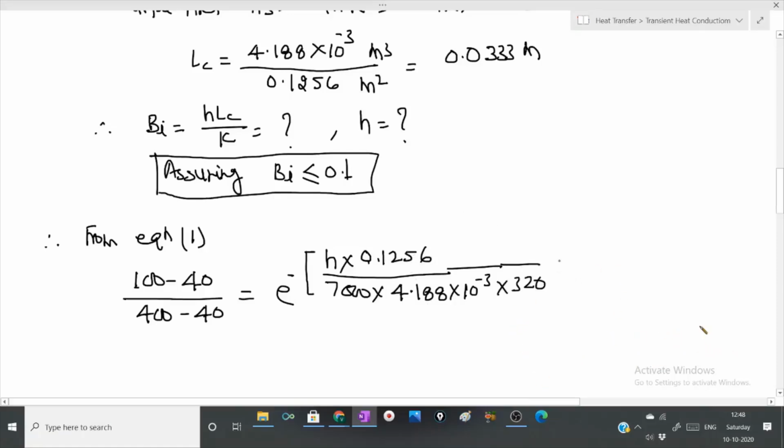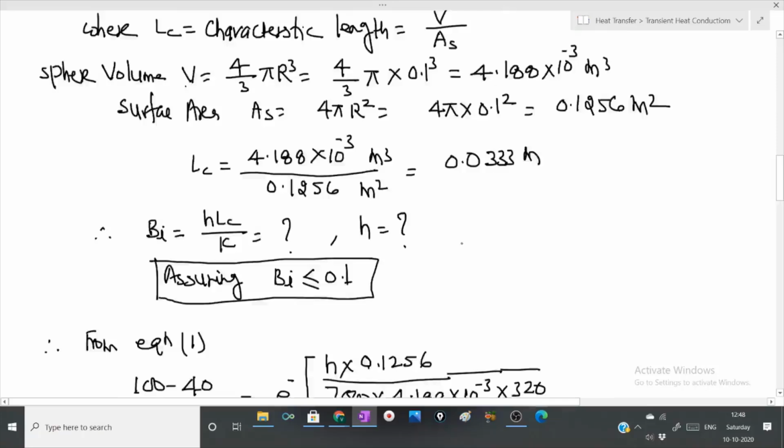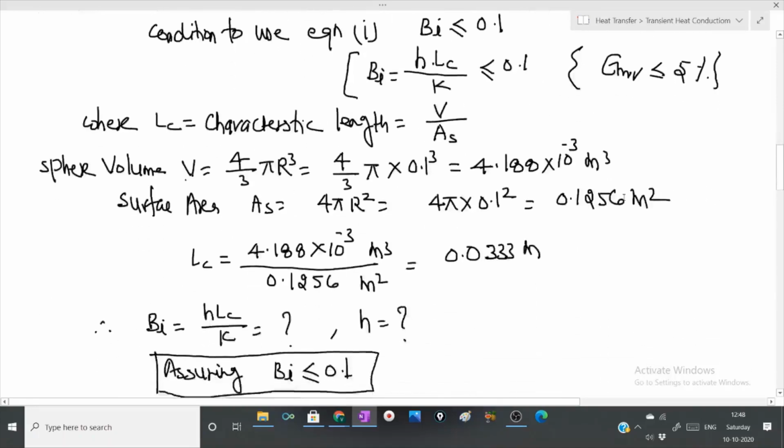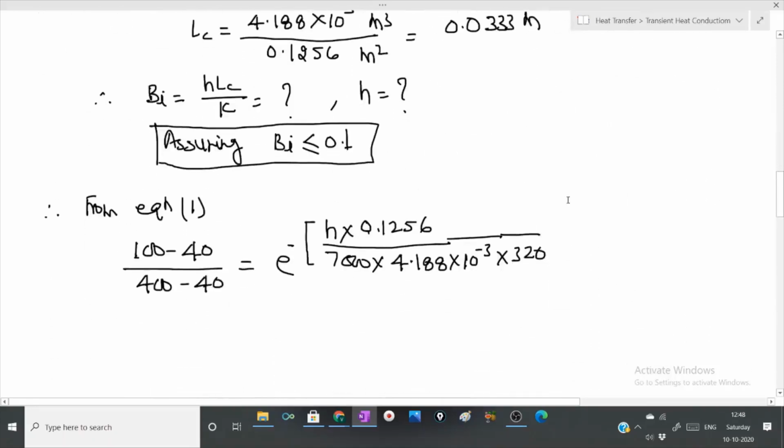We have one more parameter, that is tau, as you can see in equation 1, minus hAs over rho V Cp. So all the values I could put, and tau is time. And what is the time we are going to consider? It is 5 minutes, and we are supposed to pick up this value in seconds. So this will be 300. This is the entire value of hAs over rho V Cp into tau.